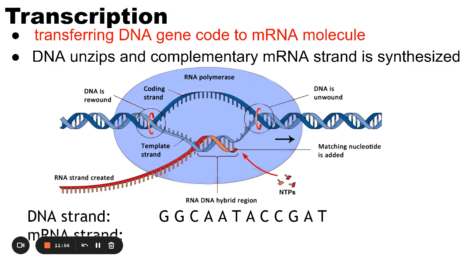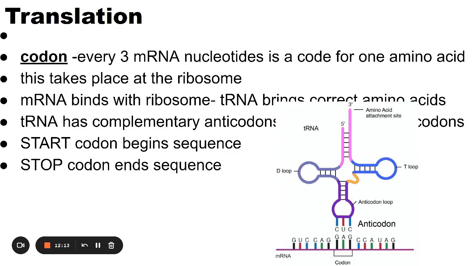U. Because remember, RNA doesn't have the T. It just has the substitute. It has a U. And so eventually, the DNA is copied to this messenger RNA. It can get released and can go do its thing. That whole process of copying DNA to an RNA is called transcription.